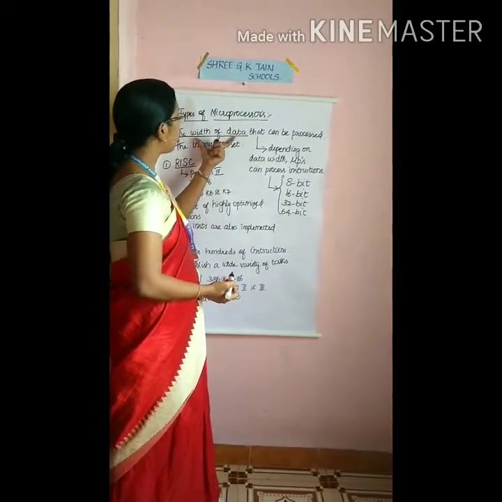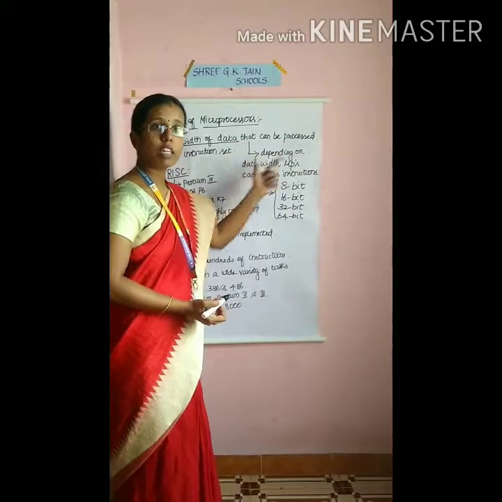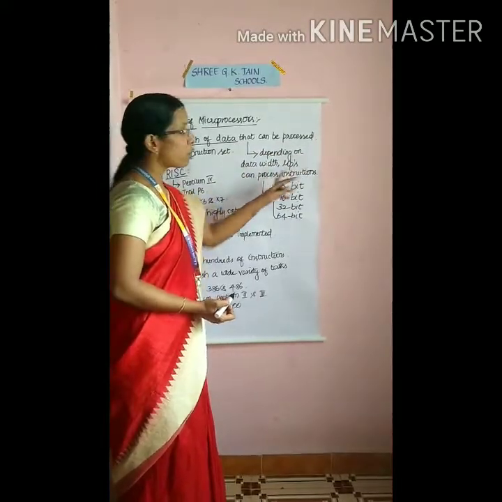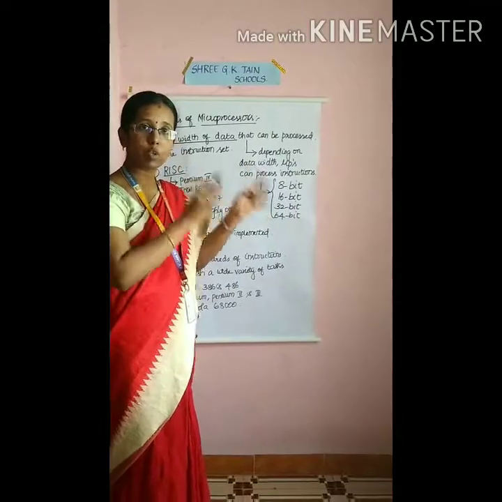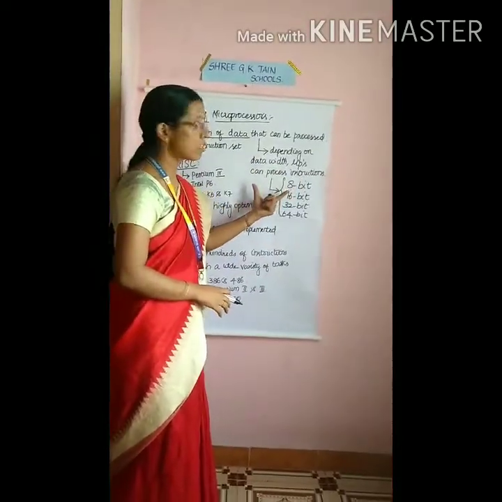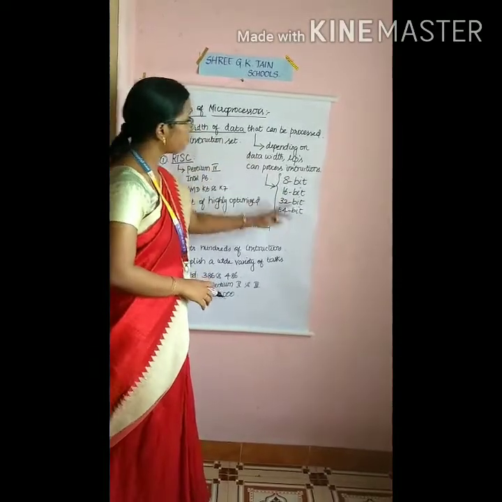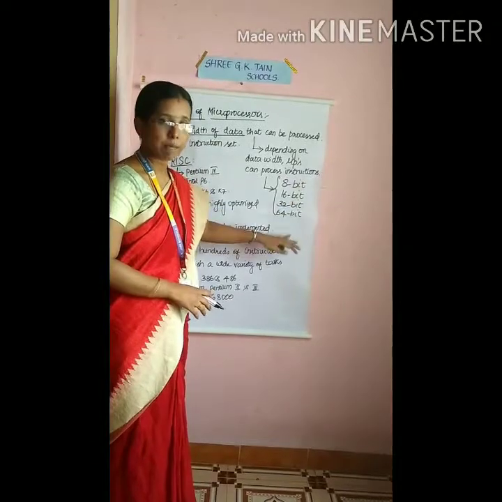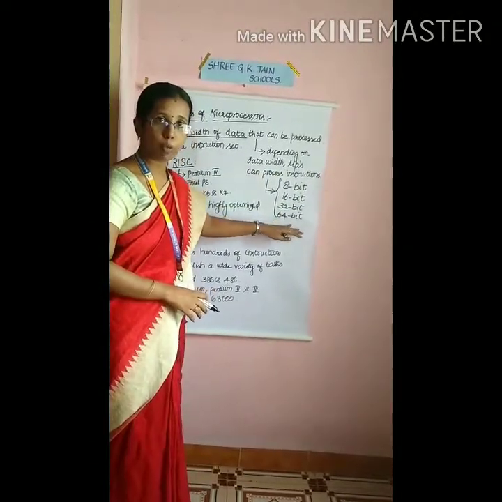Why does it depend on the width of the data? Because depending on the data width, the microprocessor can process all the instructions that the user is giving to the computer. So based on this, you have 4 different types, starting from 8-bit to 64-bit microprocessor.